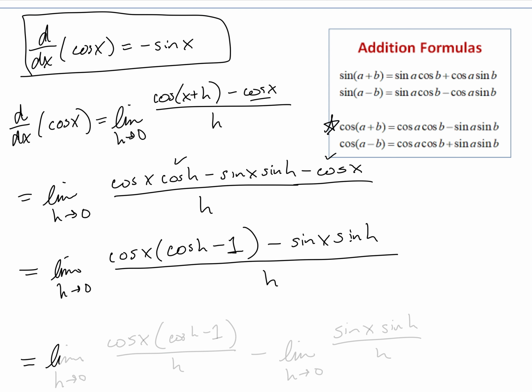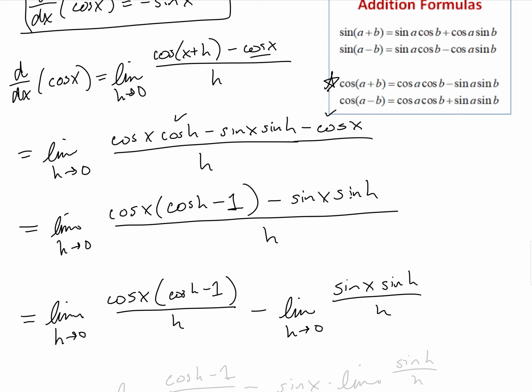This is equal to the limit as h goes to 0 of cosine of x times cosine h minus 1 over h minus the limit as h goes to 0 of sine x sine h over h.